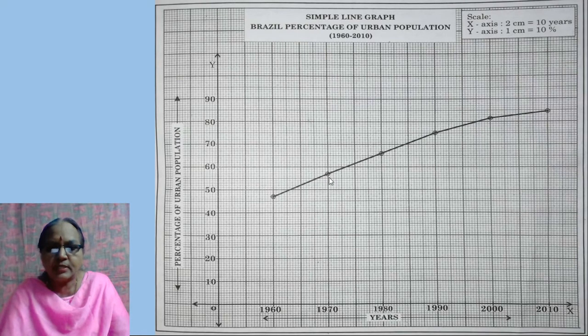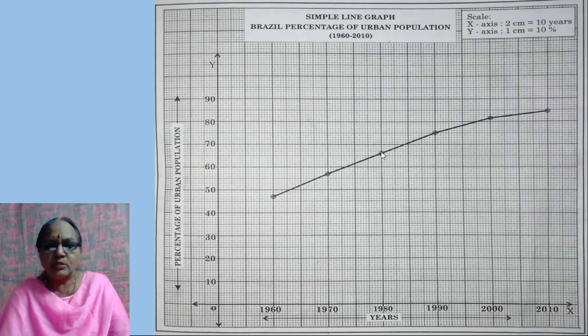It is suppose 58%, and here in 1960 it is 48, so a 10% increase is there. In 1980 we find it is 61, and in 1970 it is 57, so subtract that.